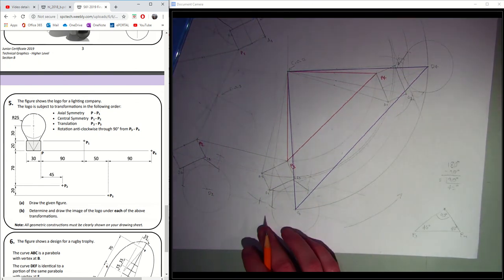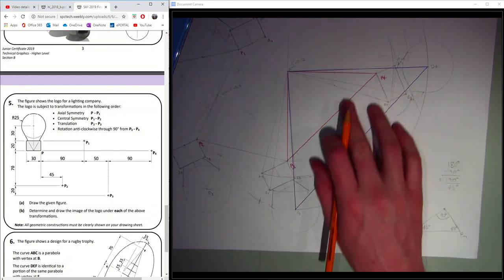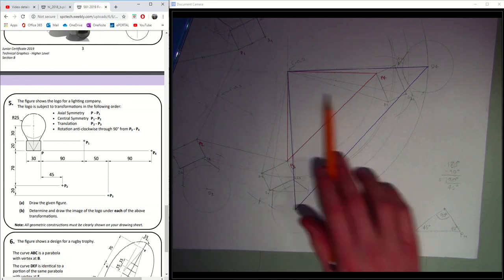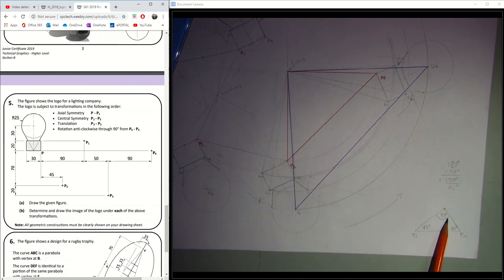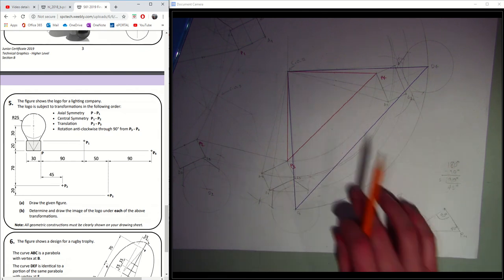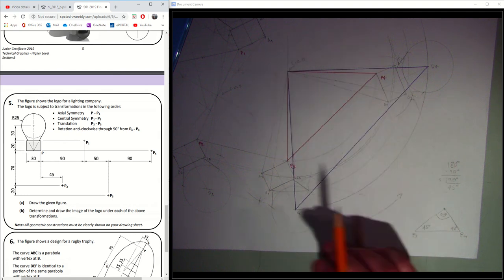So I'm after rotating the image from point P3 to P4 anti-clockwise through 90 degrees. And how I did it was I created my 90-degree triangle, two angles of 45, so an isosceles triangle, one angle of 90, two 45. I did that for P3 and did the same process, creating similar triangles to that from each of my other points.